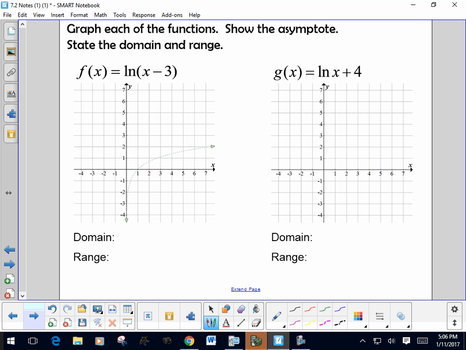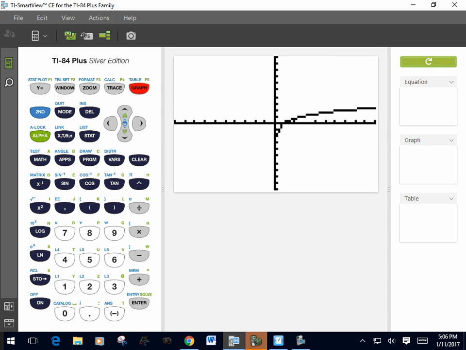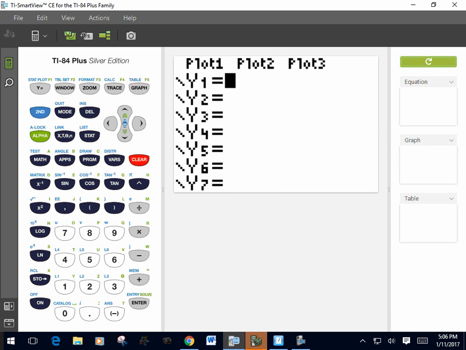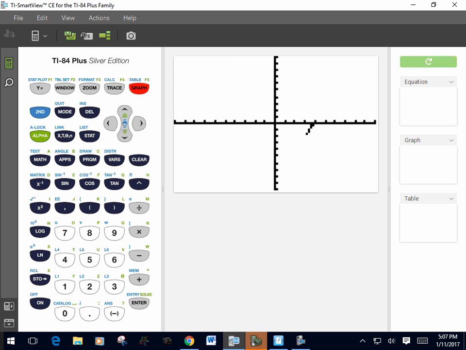Let's try this one though. The natural log of x minus 3, and the x minus 3 is all contained inside that grouping. So on my calculator, I would type in the natural log of x minus 3, and then I've got to make sure I end that parenthesis. So I have my function typed in, and I hit graph, and it looks like this.